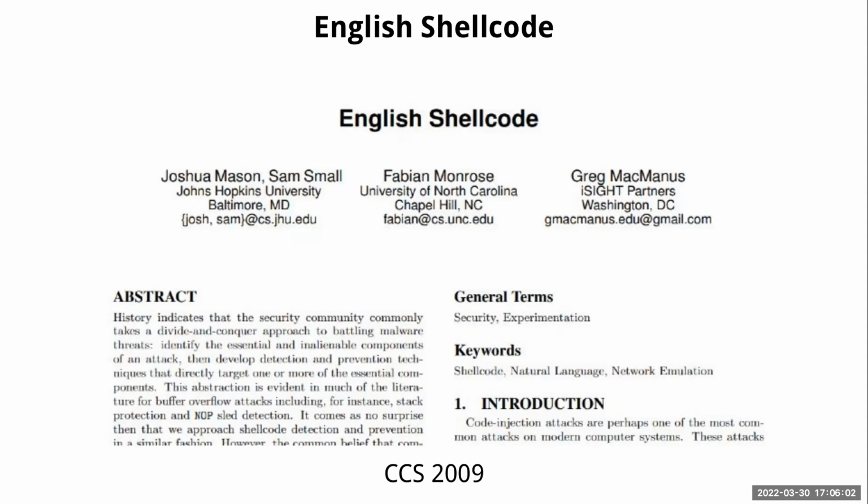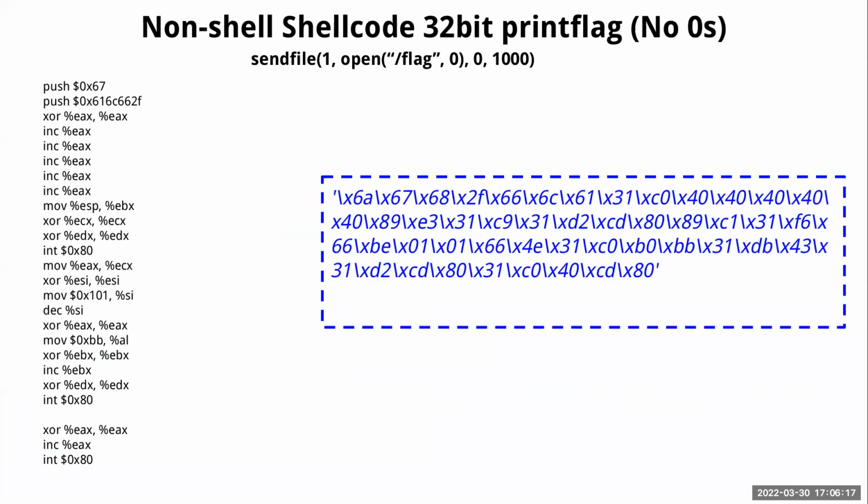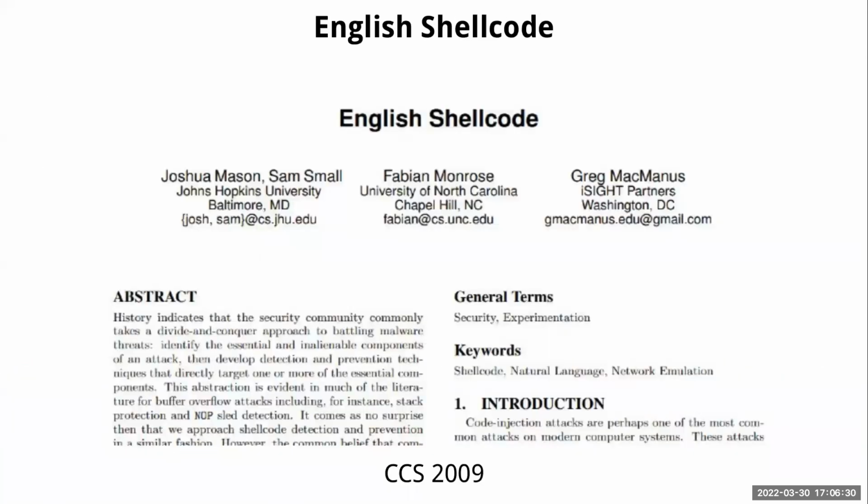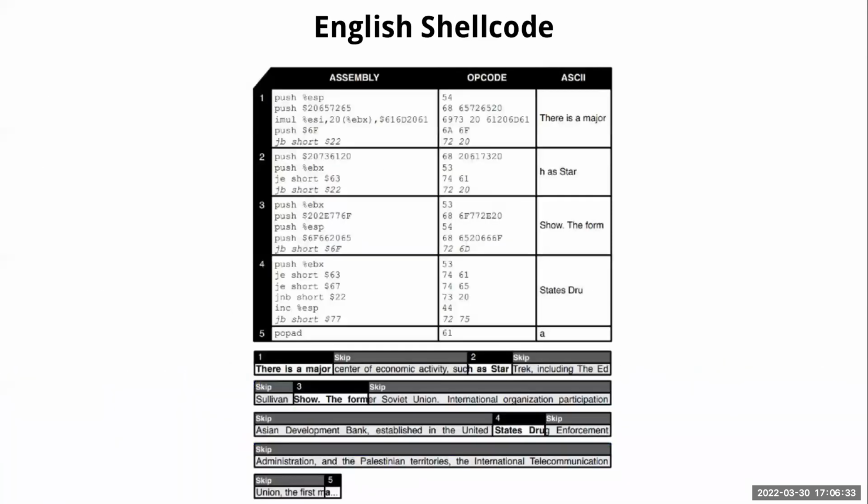This is one of the papers in the last decade whose title has only two words. So what this paper is about is that they give you a piece of shellcode like this, and they automatically change your shellcode so that the output reads like English for humans. I'm not talking about for machines, but for humans, that reads like English.